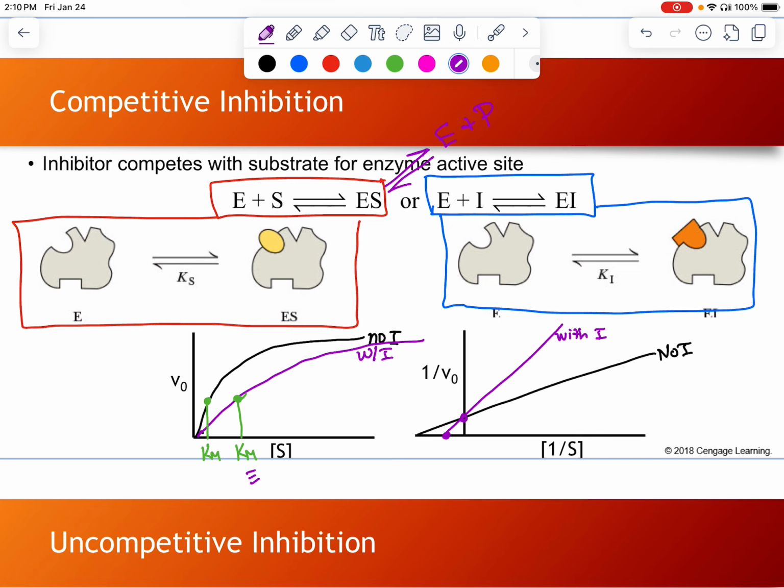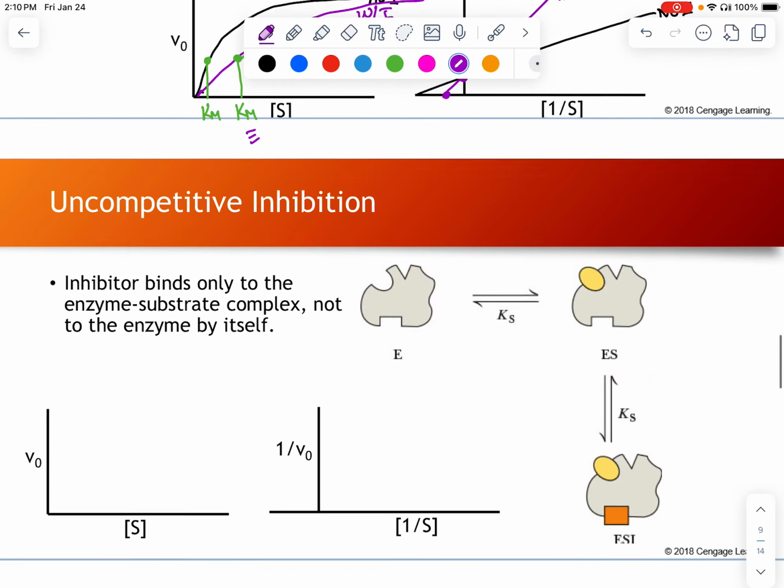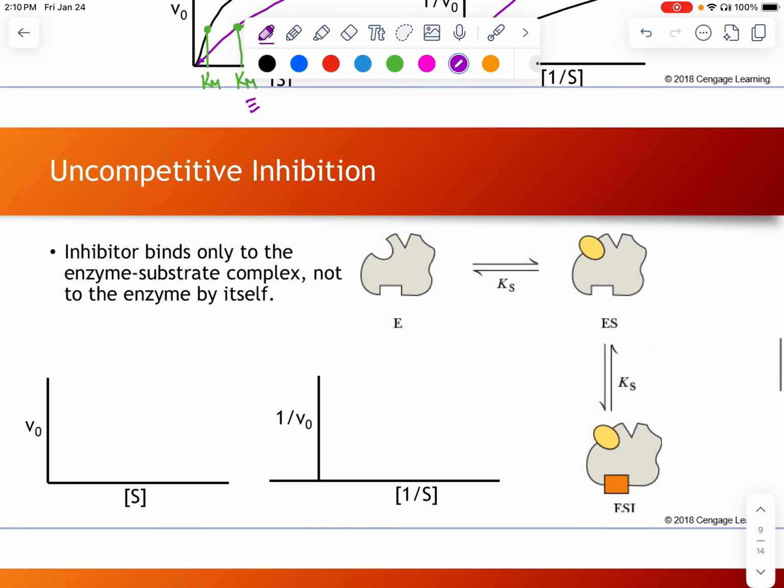All right, let's take a look at uncompetitive inhibition. So now we have an inhibitor that doesn't bind to just the enzyme. It will only bind to that enzyme substrate complex. It'll obviously have to bind in a separate spot because the active site's already taken. All right, and remember we could continue this, right?